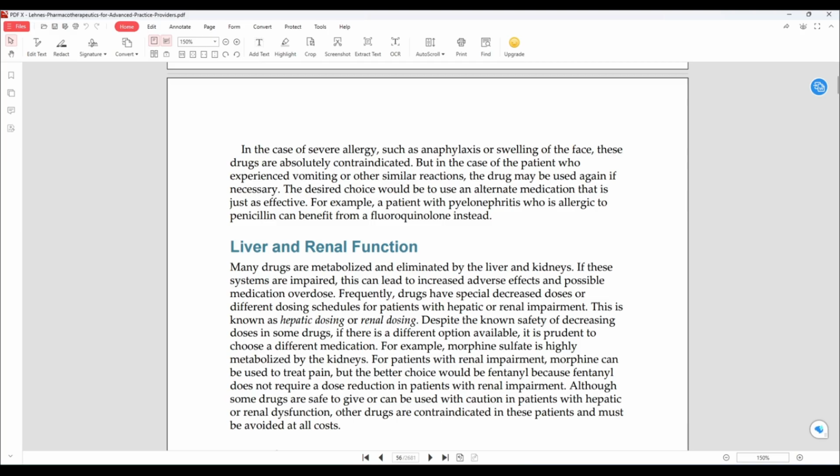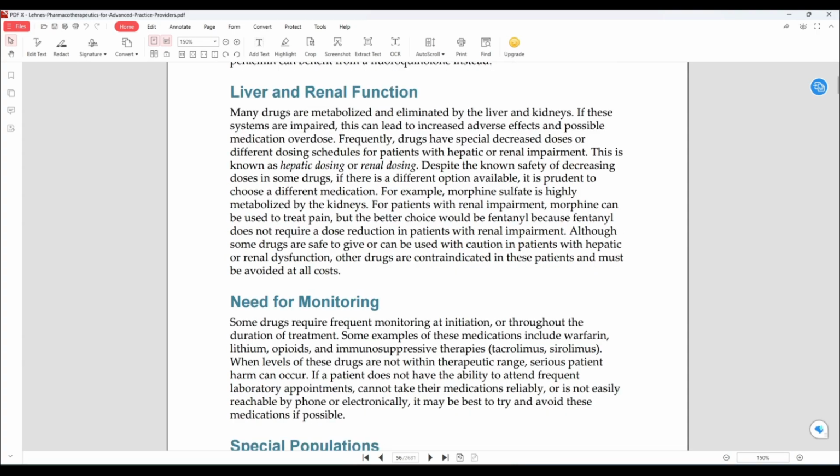But in the case of a patient who experiences vomiting or other similar reactions, the drug may be used again if necessary. The desired choice would be to use an alternative medication that is just as effective. For example, a patient with pyelonephritis who is allergic to penicillin can benefit from fluoroquinolone instead.